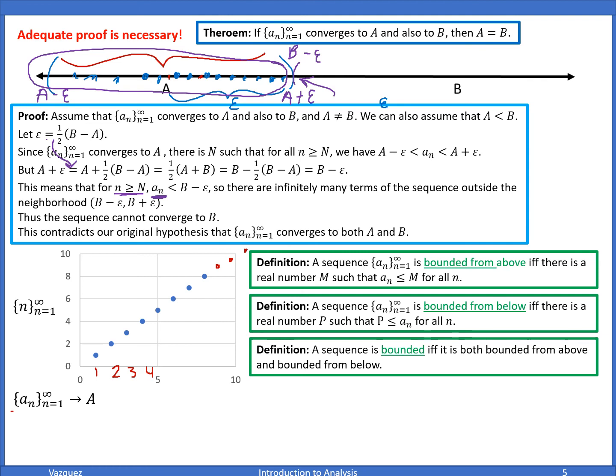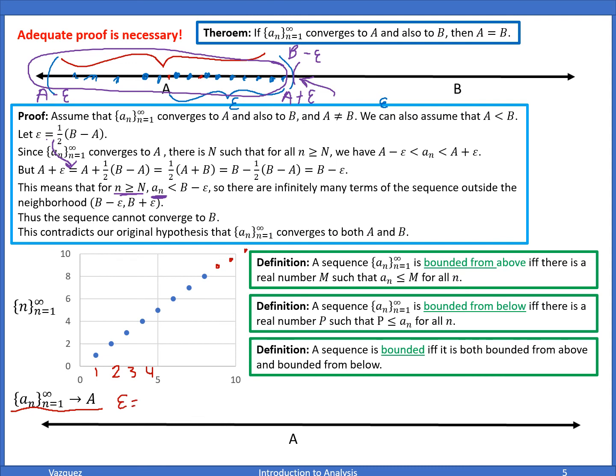So now if you see down here, we have a sequence that converges to A. Right? And remember from our lemma that we said we're going to choose epsilon equal to 1. So here is our epsilon neighborhood, A minus 1, A plus 1. Remember that an infinite number of points are within this epsilon neighborhood, as our lemma told us and as we've seen.